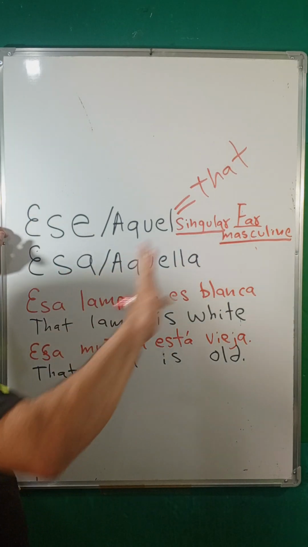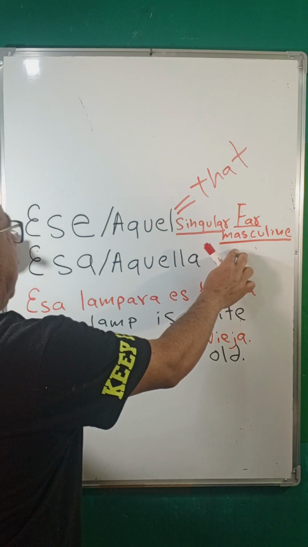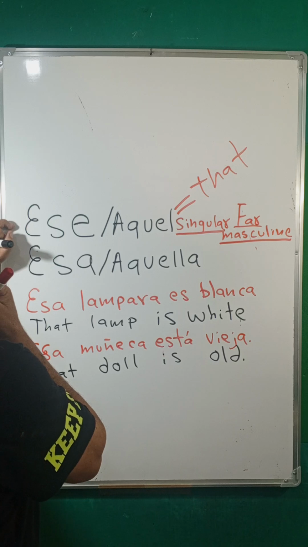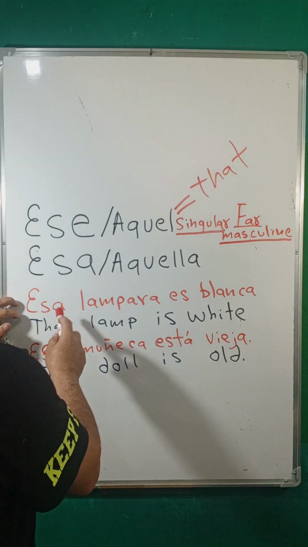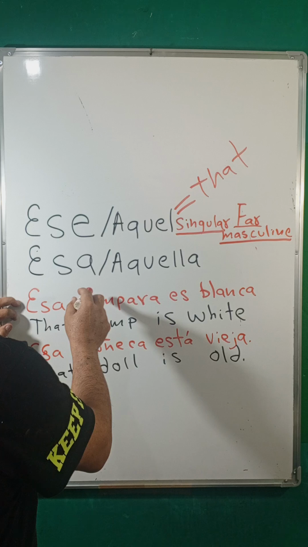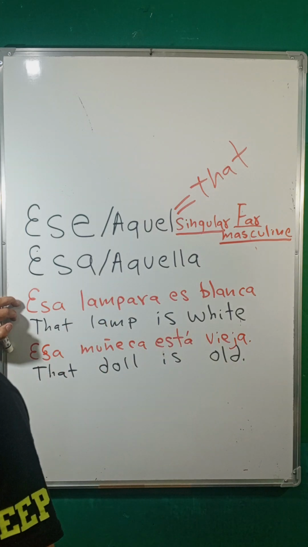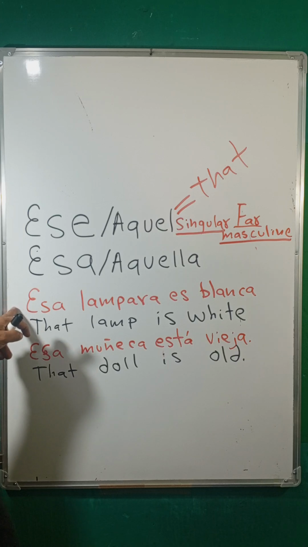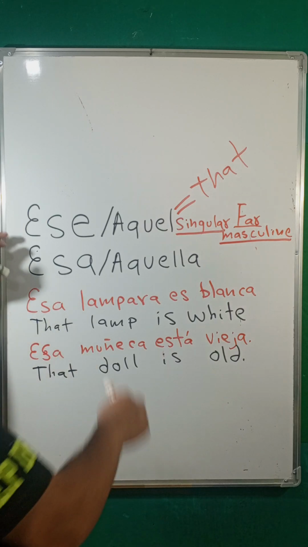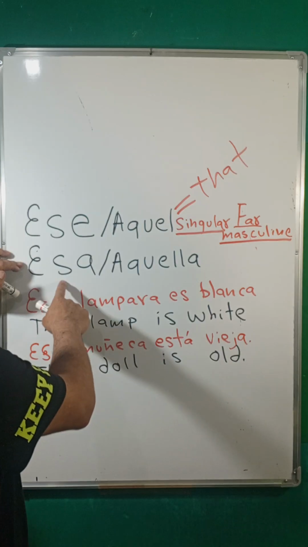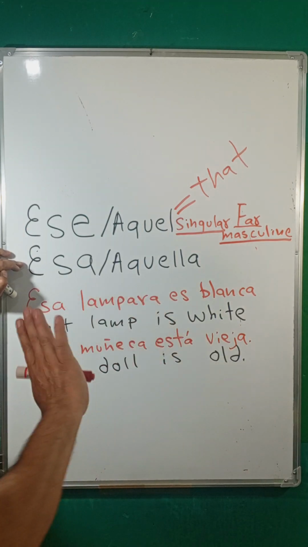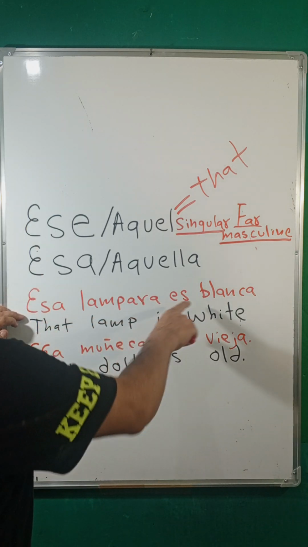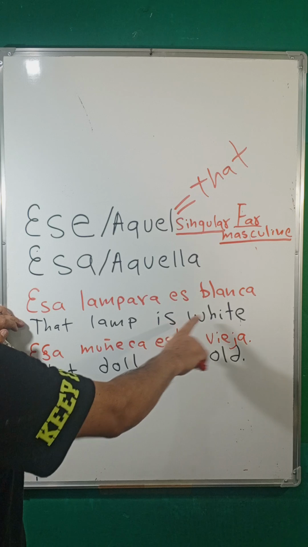As you could see, they are singular, far, and, I'm sorry, I made a mistake here. I made the examples for feminine. So esa and aquella are the same. Let me check the examples. Esa lámpara es blanca. That lamp is white.